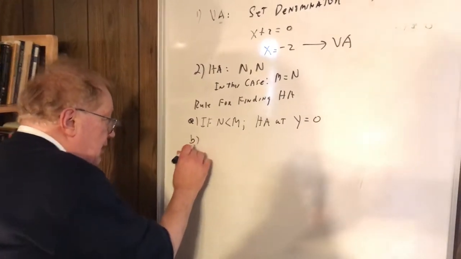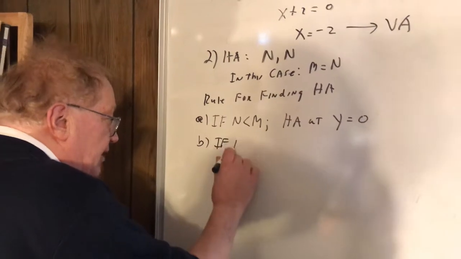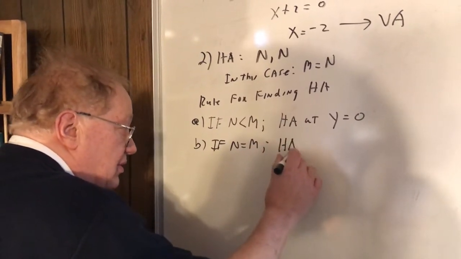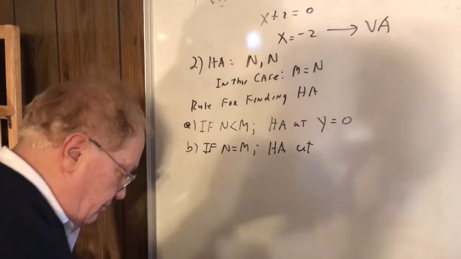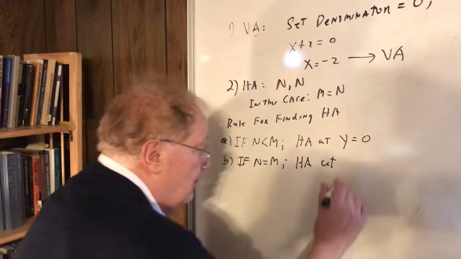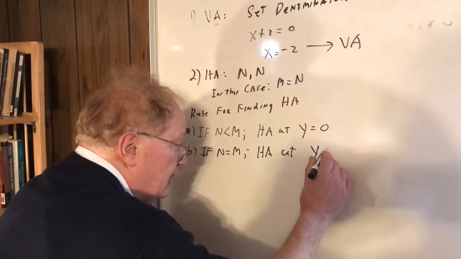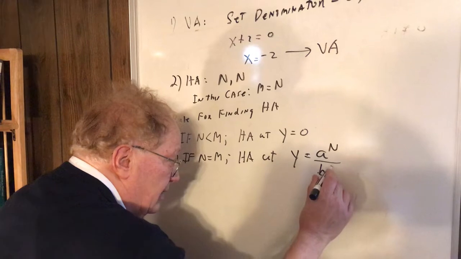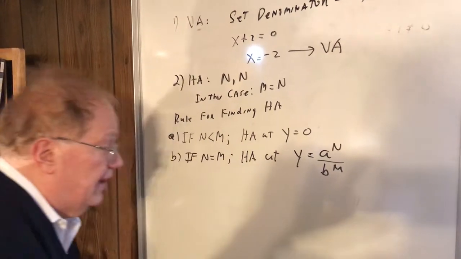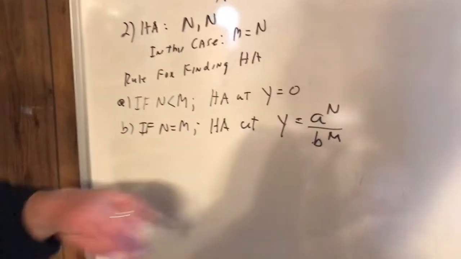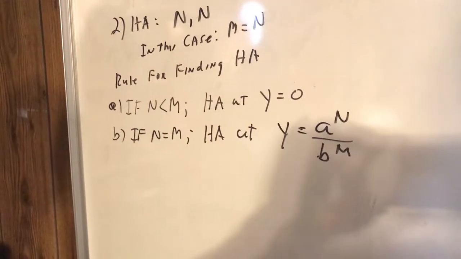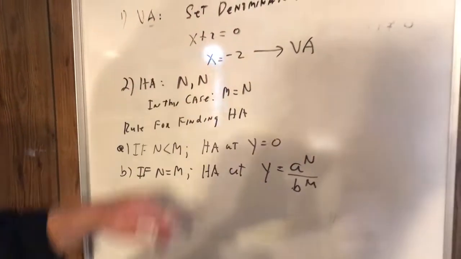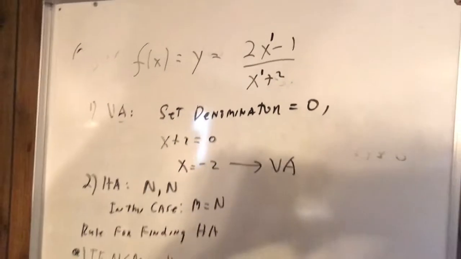But B, if n equals m, the case we have here, then the horizontal asymptote is at y equals a to the n over b to the m. Now notice, a to the n, if you look back on page 1 of your notes, was the coefficient of the first variable x.